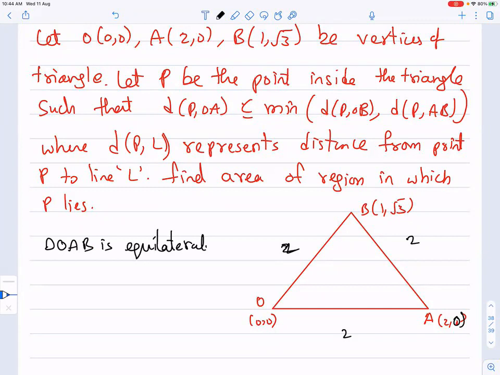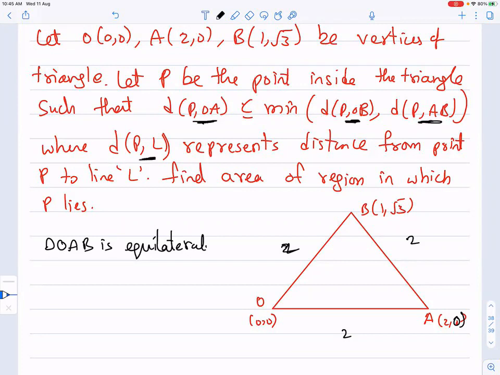Second, let us look at what is given. Let P be a point inside the triangle such that D of P comma OA is less than or equal to the minimum of D of P comma OB and D of P comma AB. What is D of P comma L?